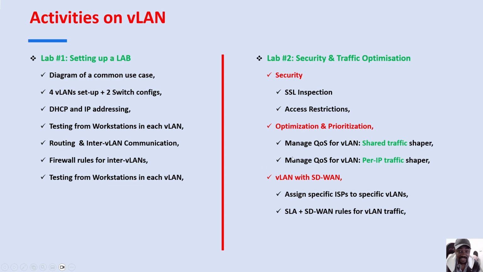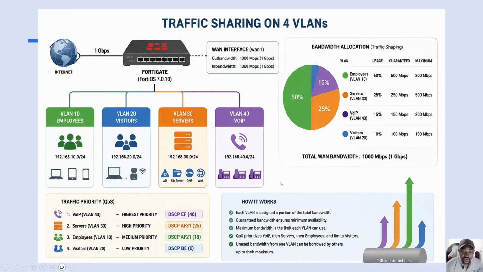So as I said, let's jump back on the diagram that I showed initially so that we can explain and put in place the traffic optimization for our VLANs. As I explained in the previous video, when you are configuring VLANs on your infrastructure, it is good to do some segmentation on your network.